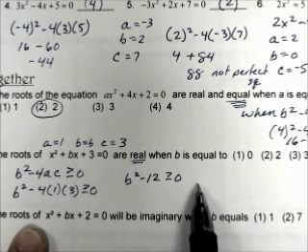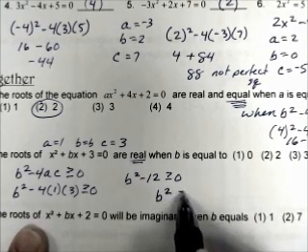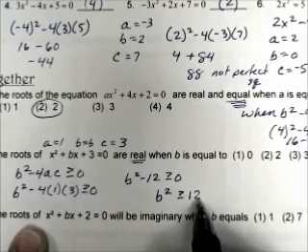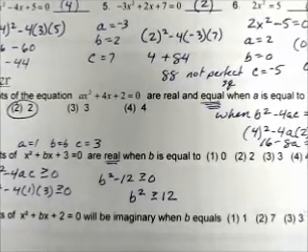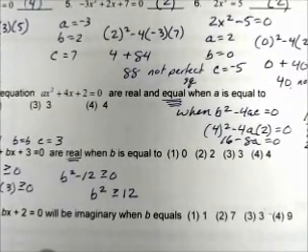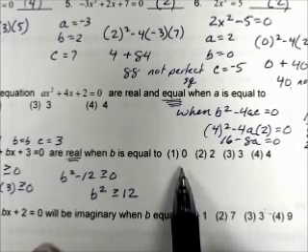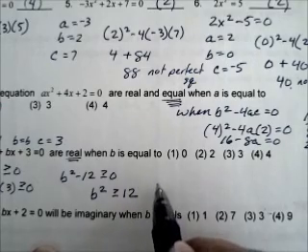Now, B squared needs to be greater than or equal to 12. Well, now look at the options. If we take 0 and square it, is that greater than or equal to 12? So try our choices.